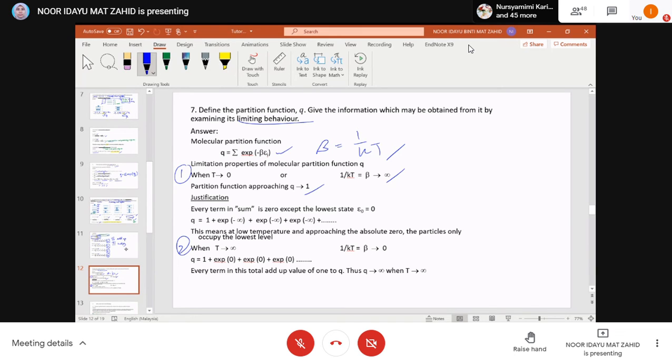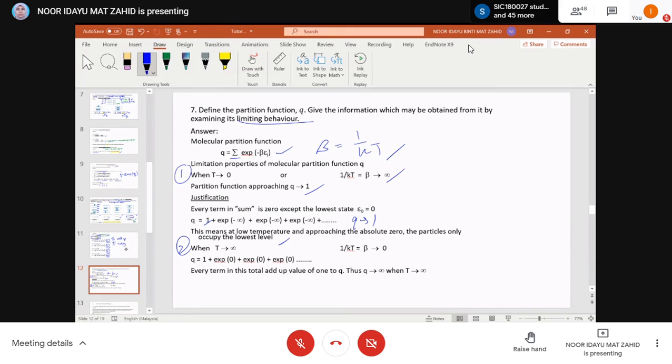So this is the justification. Every term in the sum is 0 except the lowest energy level, which is where initially all the particles reside. Here, exponential negative infinity is equal to 0. So 1 plus 0 plus 0 plus 0, because it's a summation, right? It will just give you equal to 1.